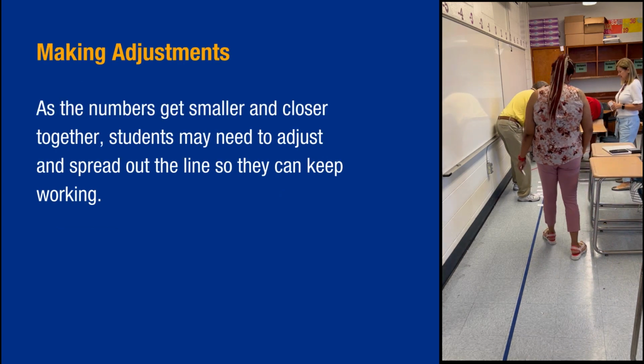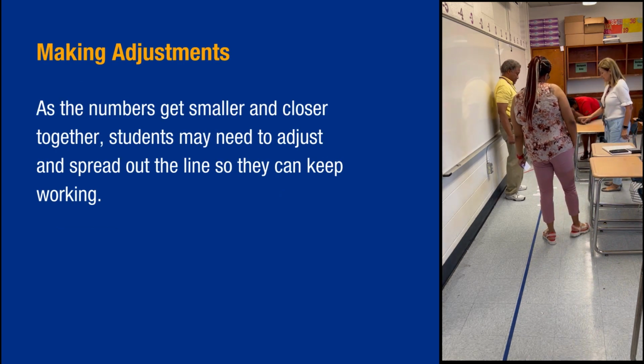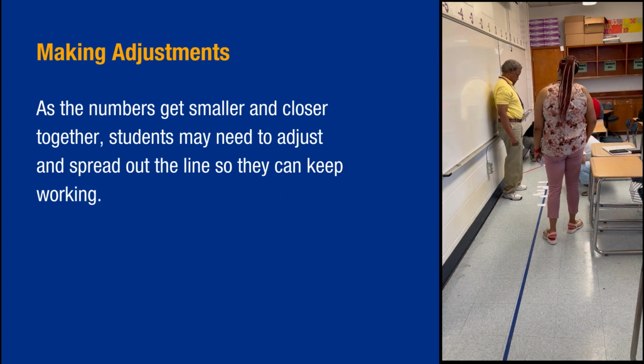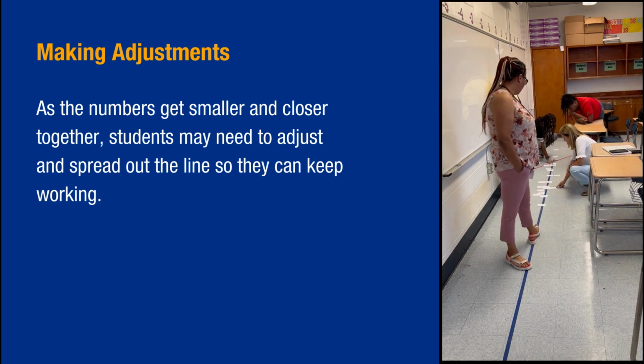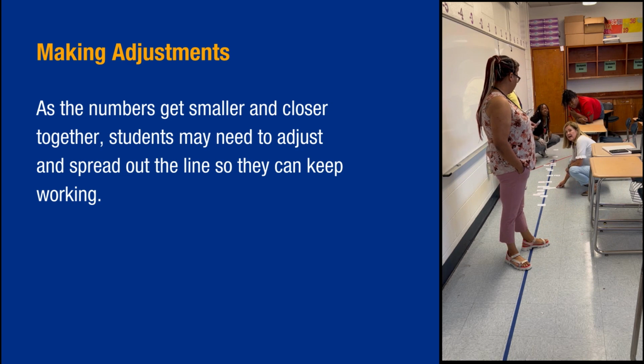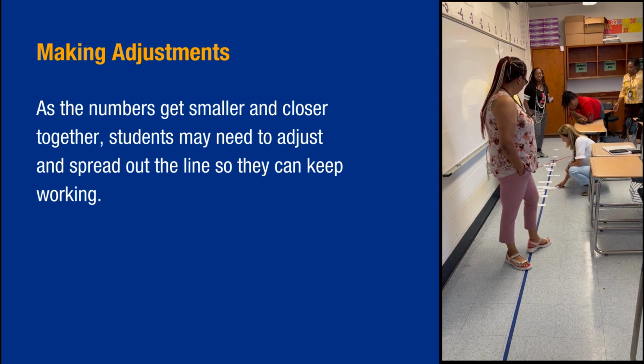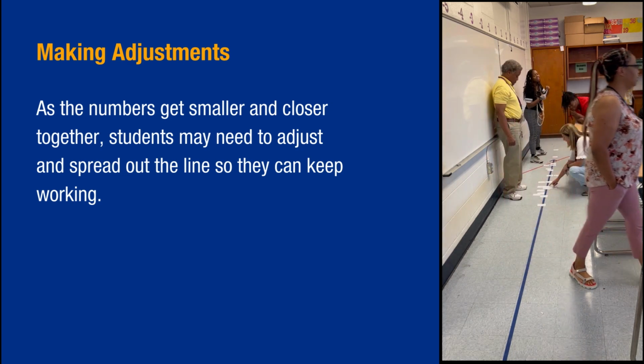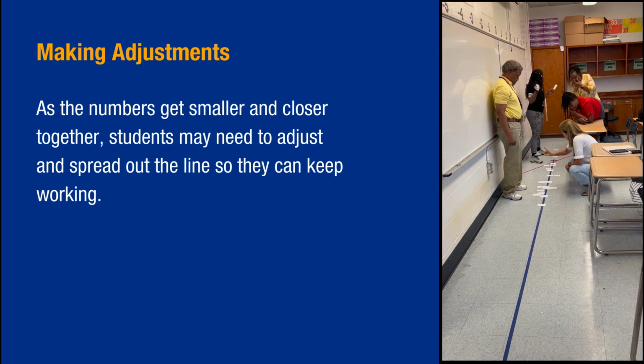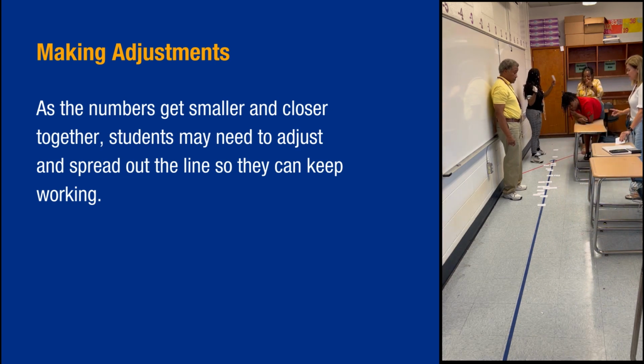So then here's what I would make my kids do. Because then we know that this number is tiny, tiny, tiny. So then what we'd have to do at that point is spread the number line out.